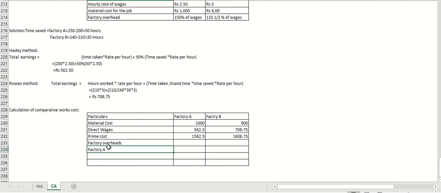For factory A it is 150% of wages. Your wages is 562.50. So you get the amount to be 843.75.